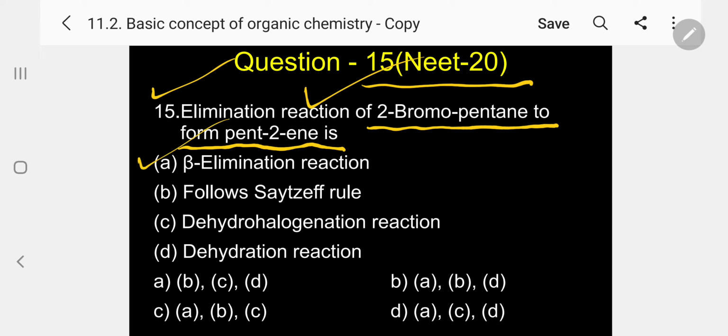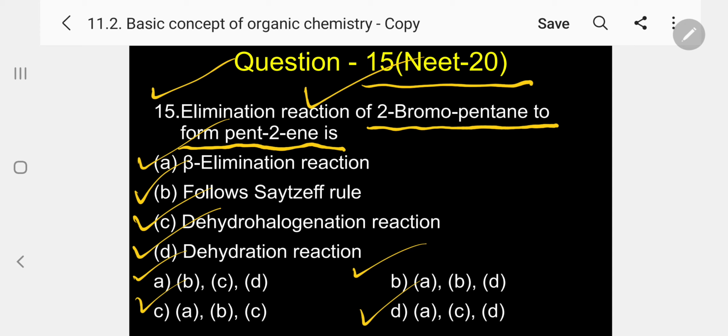A. Beta elimination reaction. B. Follows Saytzeff rule. C. Dehydrohalogenation reaction. D. Dehydration reaction. Option A, option B, option C, option D.